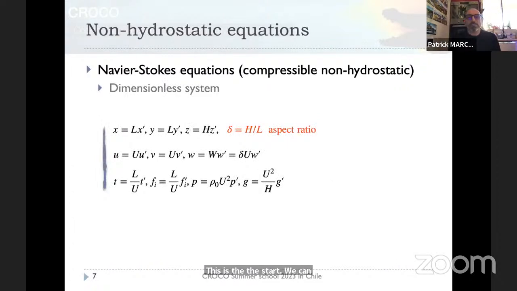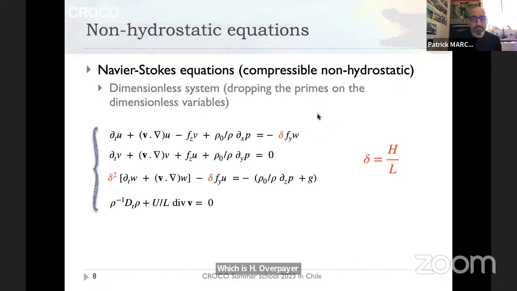We can write these equations here in a dimensionless system because it will then be useful to understand how we can simplify the equations and remove the non-hydrostatic part in particular. So if we use L as a horizontal scale and H as vertical scale, we have an aspect ratio, delta, which is H over L. And then we can rewrite the equations with dimensionless variables.